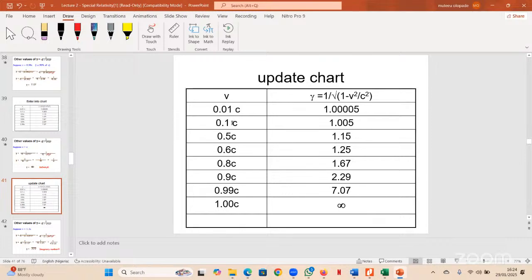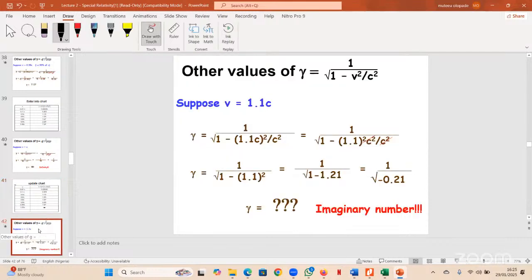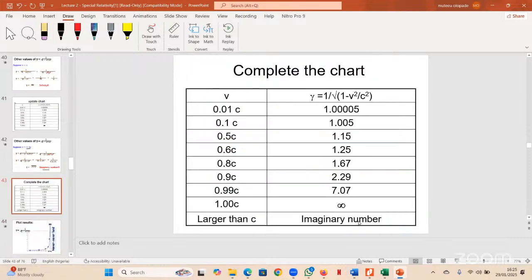As the speed increases with respect to C, and we all know that C is the speed of light, the gamma, the Lorentz factor, increases with that speed. By the time you get to 1.1 of C, you start having imaginary numbers.